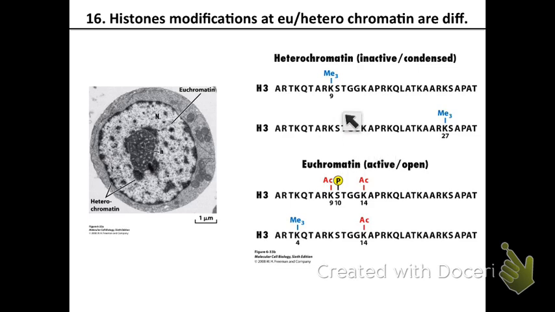In heterochromatin it is K9 and K27, but in euchromatin it's K4, right? So not every time you see a methyl are you going to suspect this is heterochromatin. It has to be a specific modification of that methyl in a specific residue, and now you're going to say, okay, this might be heterochromatin.